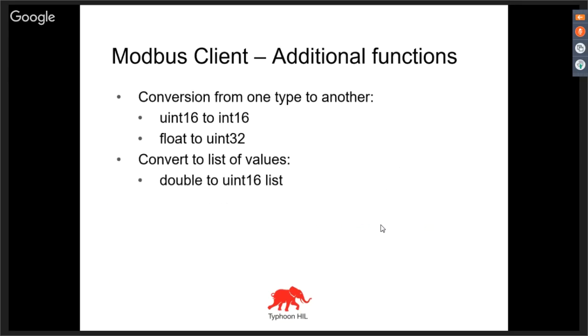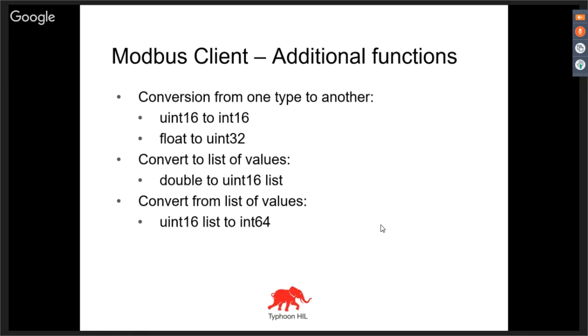For example, if you have a double value specified in the model, you can convert it to a list of unsigned 16-bit integer values that can be written to a server. And again, convert from a list of values. If you read, for example, four registers and get a list of values, you can convert it to integer 64.